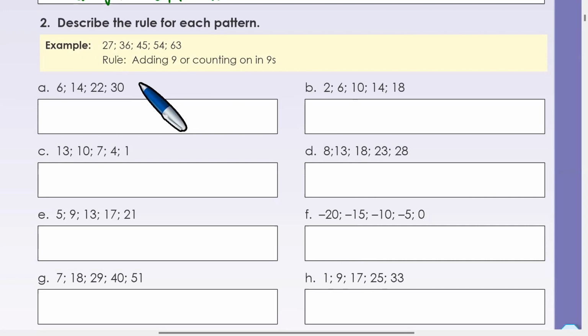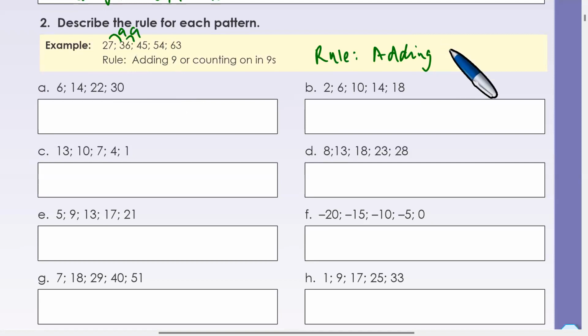So if you look at 27, that becomes 36, 9 is being added. So at this point, you describe the rule. The way you describe the rule is to say adding 9. That is the rule. Let's come to A.